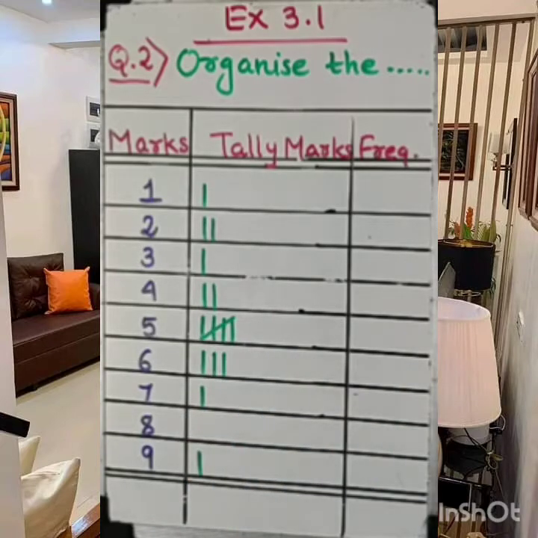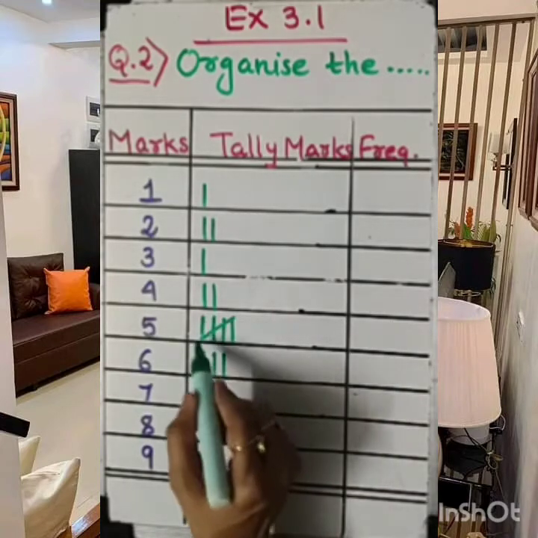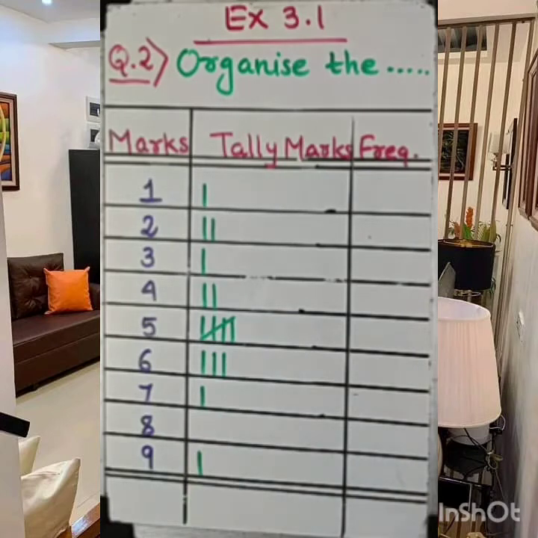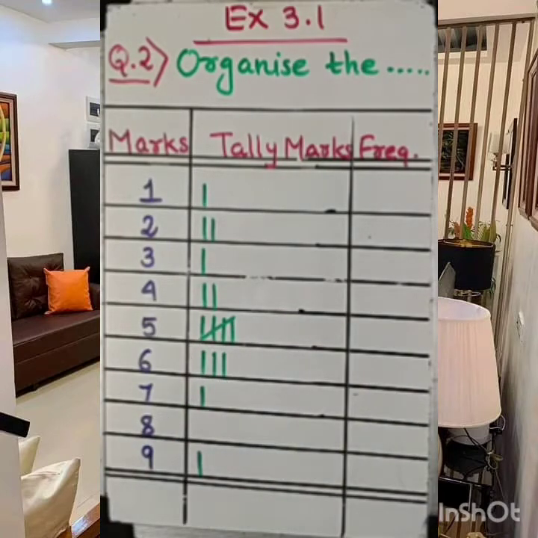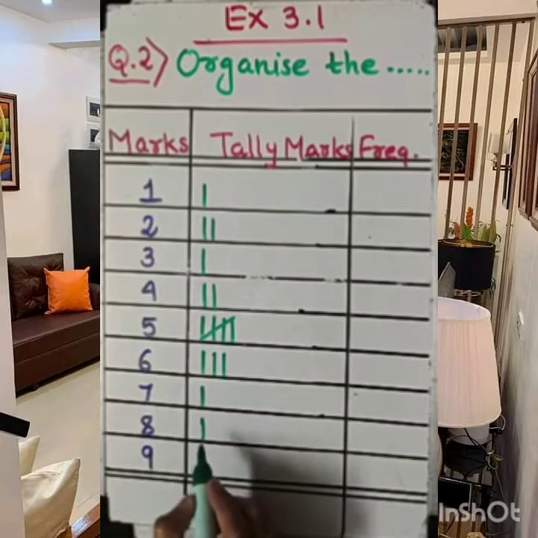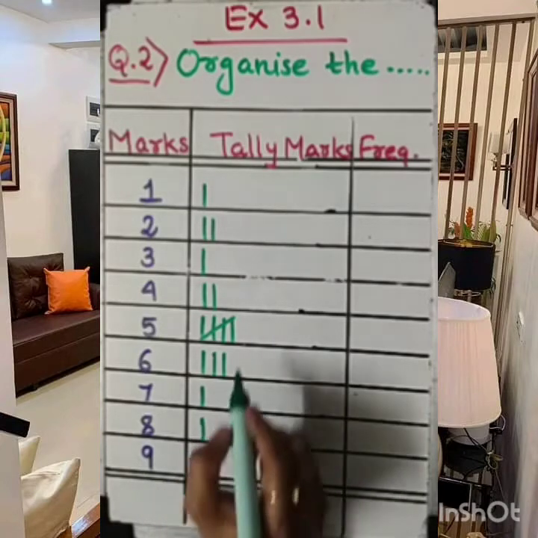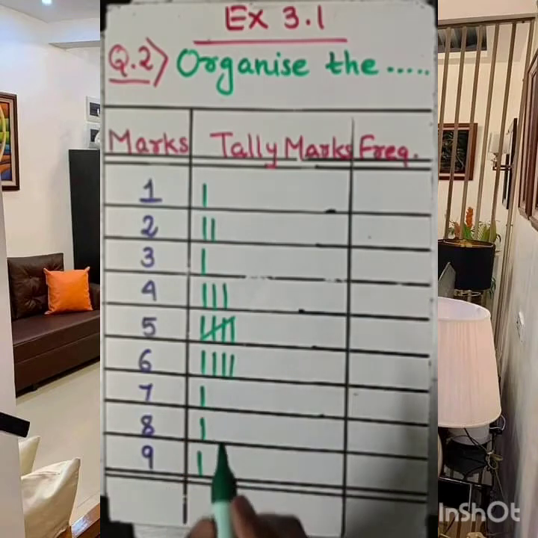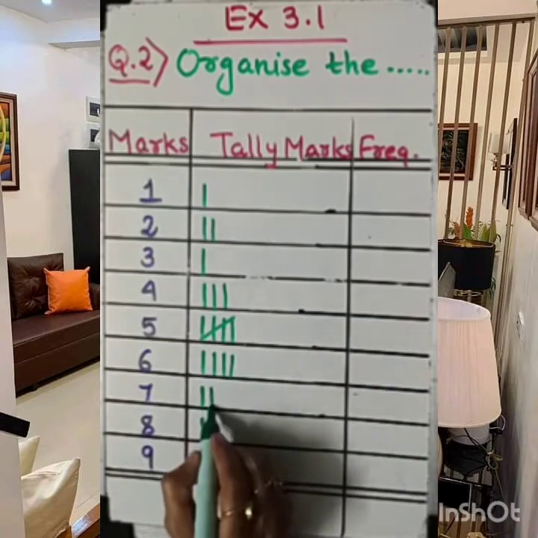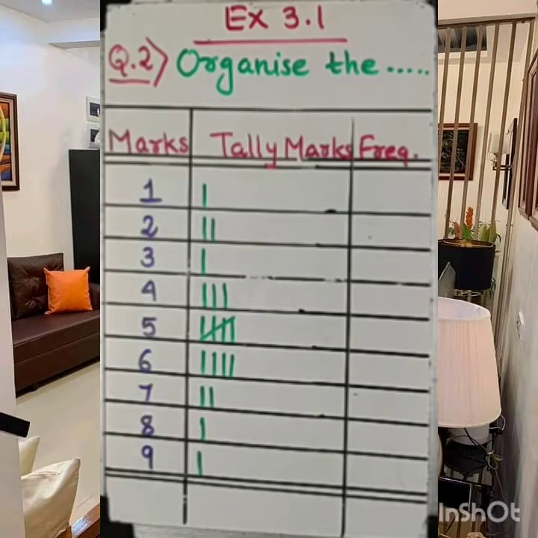Okay, next the number we are given is 8, then 4, 6, 7. So here all the numbers are completed.